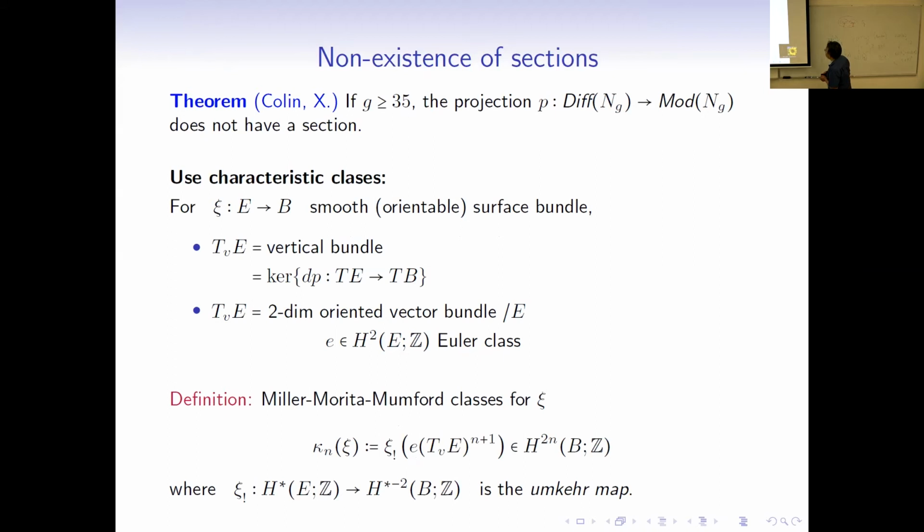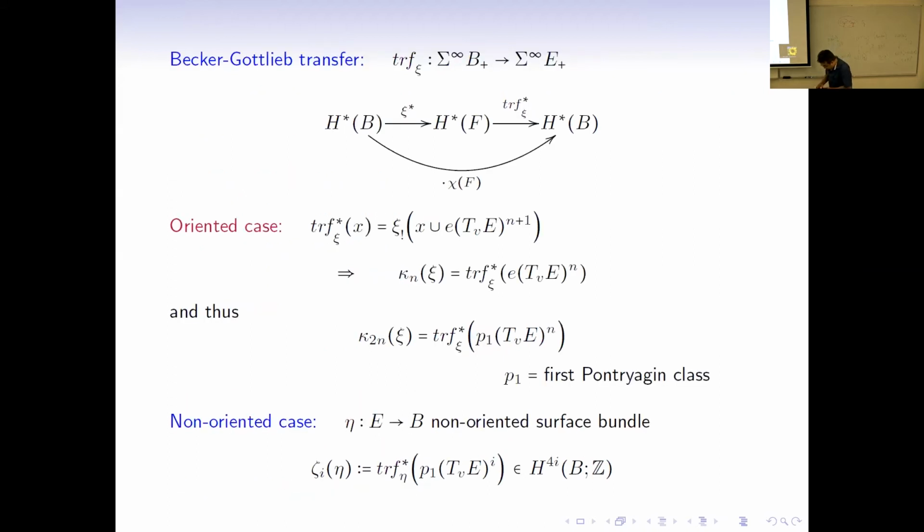So what you can do is turn to stable information. Namely, you can look at the so-called transfer map between the suspension spectra, and look at the induced map in cohomology.